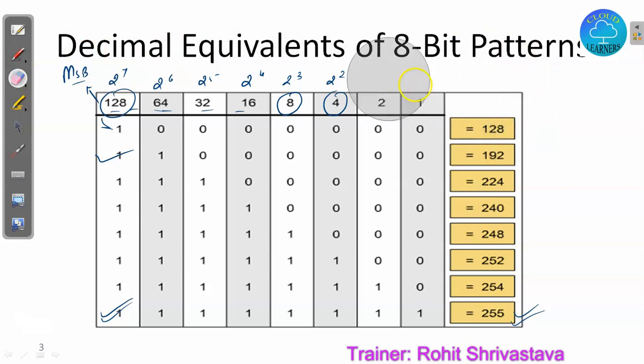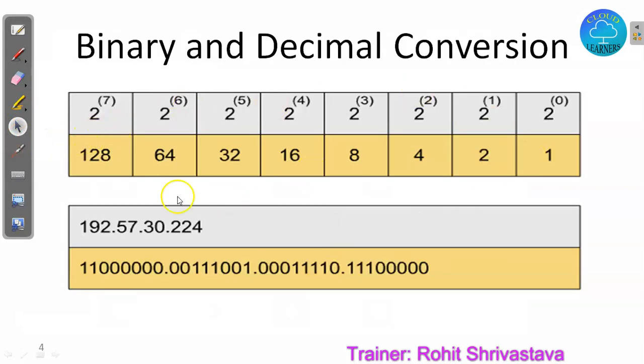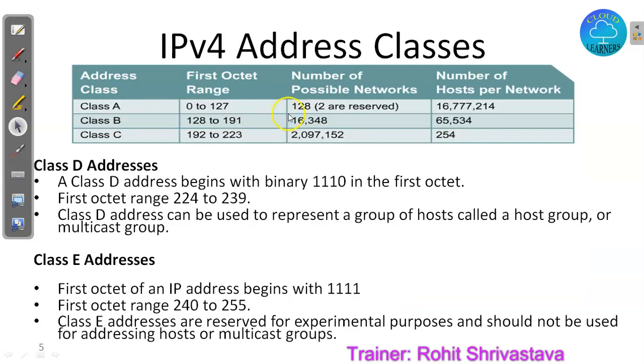Now let's proceed further. This is the thing that we just discussed, and I hope all of you are clear with it. Now talking about the IPv4 address classes, we have 5 classes: class A, class B, class C, class D, and class E. The most important point to remember is the range of these classes.